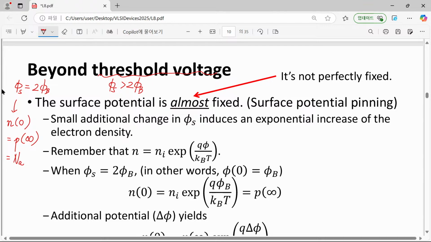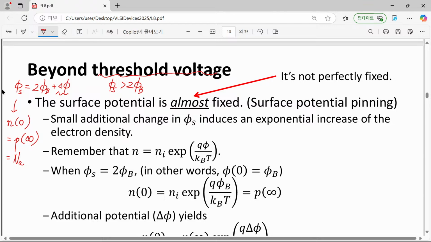Now, let's say that we have introduced even higher band bending. I mean that here I just introduce delta phi. This delta phi can be 1 millivolt, 2 millivolt, or 0.01 millivolt, not like 0.1 volt or 0.2 volt, a relatively small value.